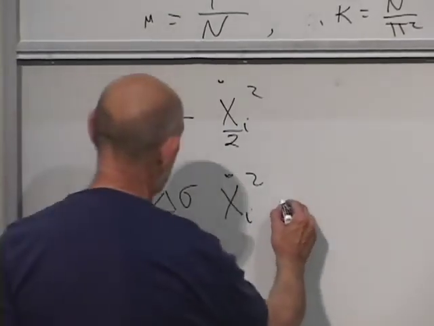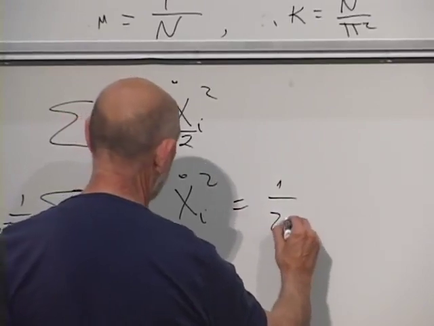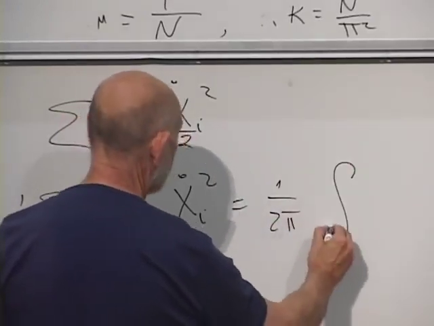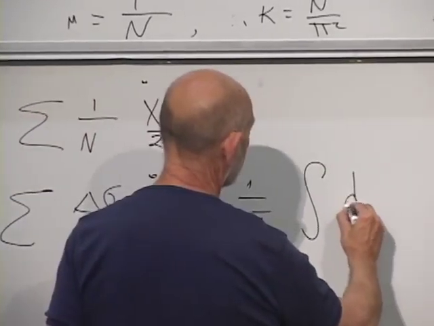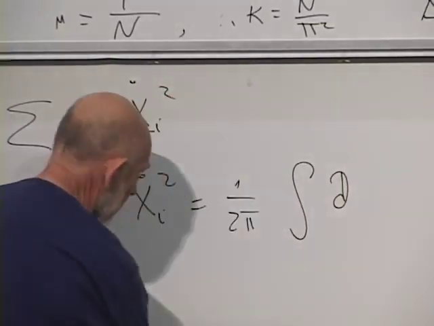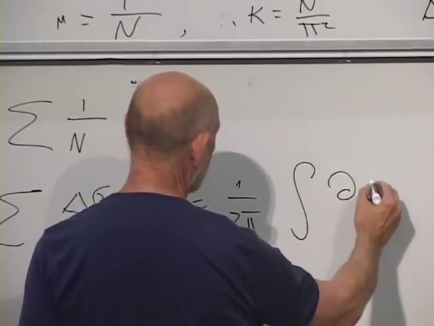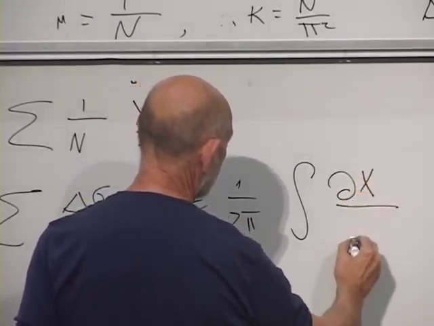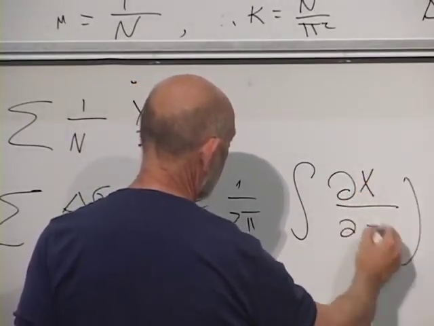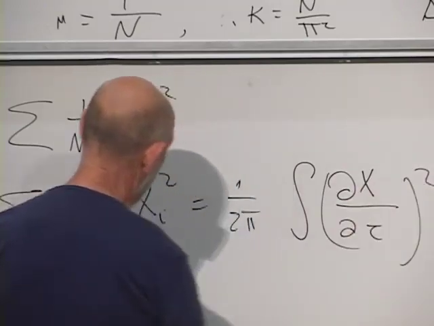So this just becomes the integral of 1 over 2 pi times the derivative of x with respect to time, let's call it tau, squared. Tau is time.